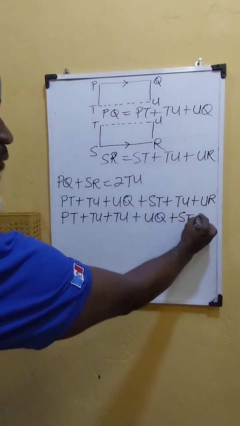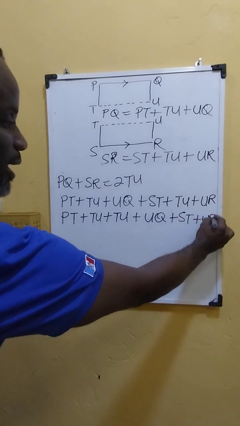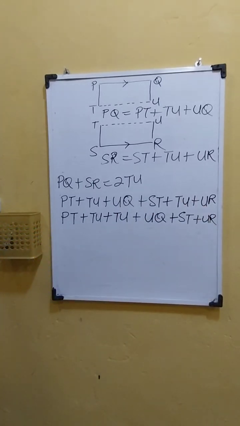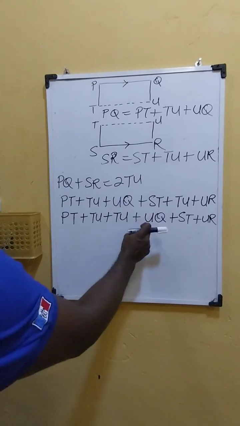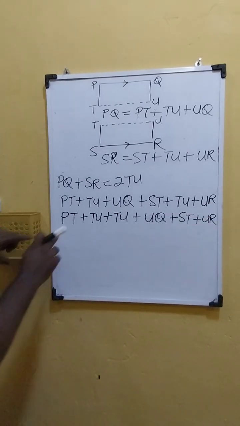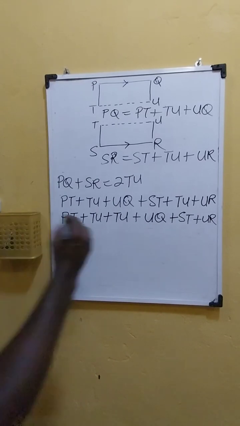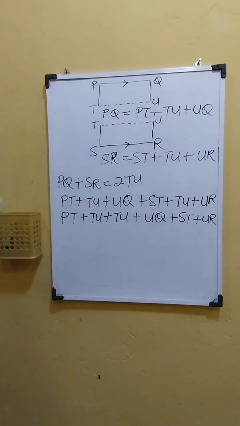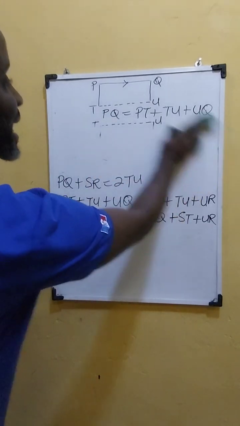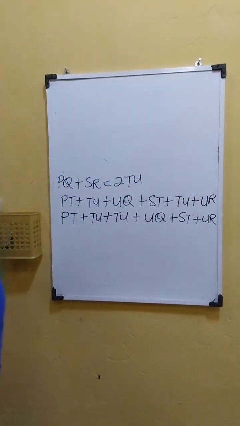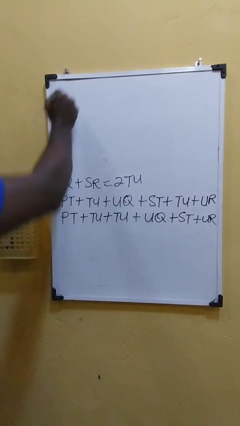ST plus U arrow. Plus U arrow. But this UQ and U arrow, you still need to do another arrangement here in line with what we had said before concerning alphabetical arrangement. Please don't forget that.